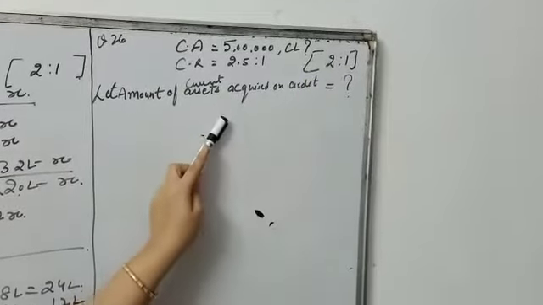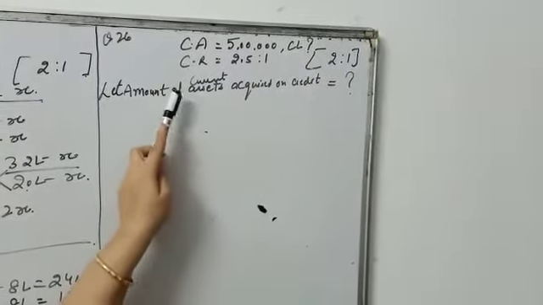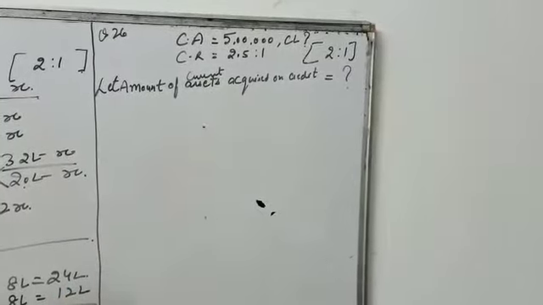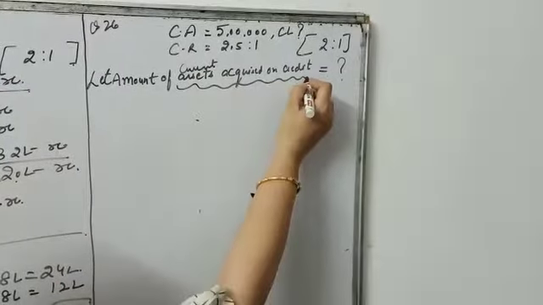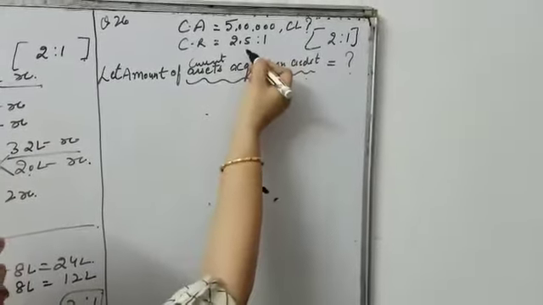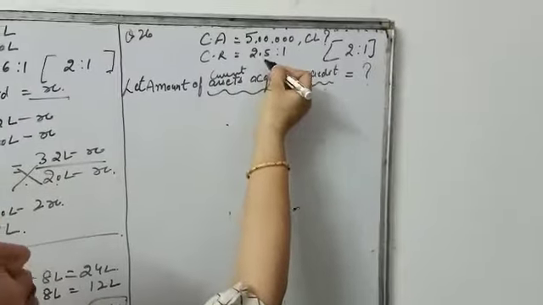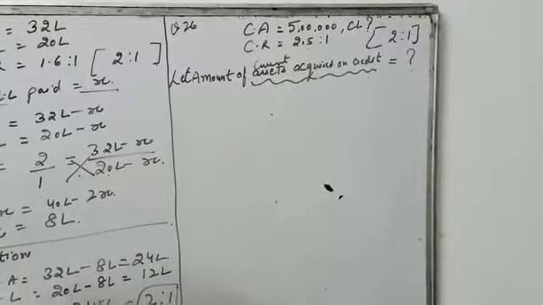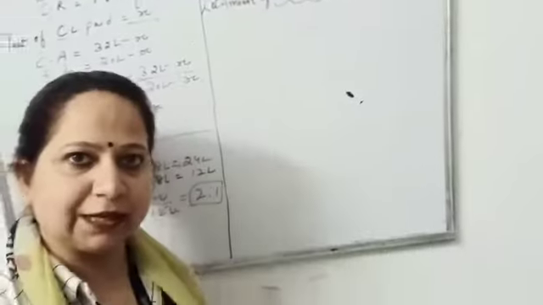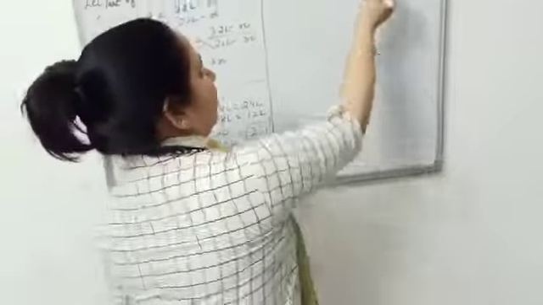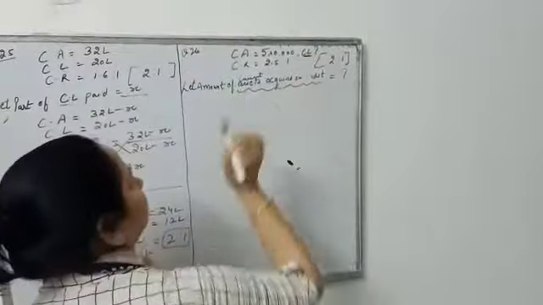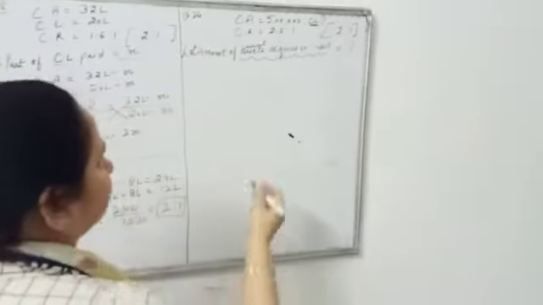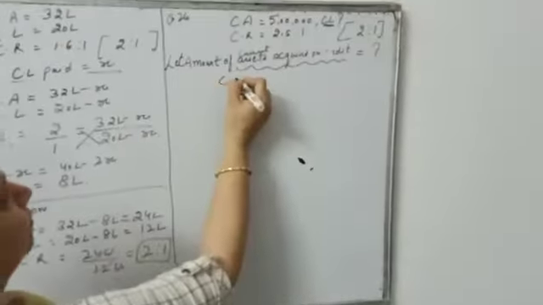The question asks how much amount of current assets should be acquired on credit so that our ratio will become 2:1 from 2.5:1. Here also we are going to assume its value as X, but firstly we have to find the value of current liability.